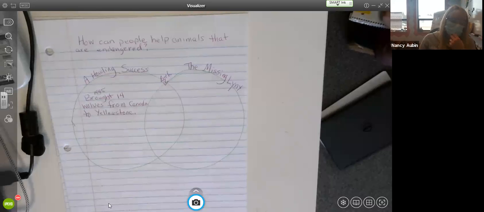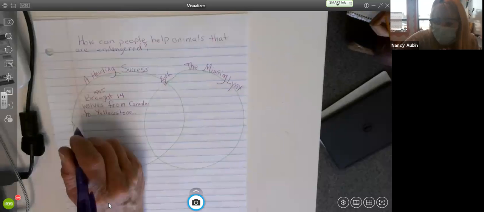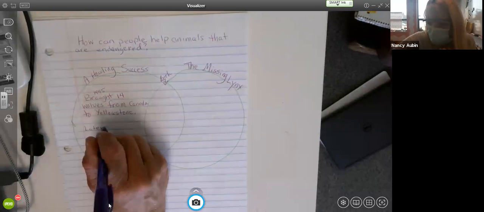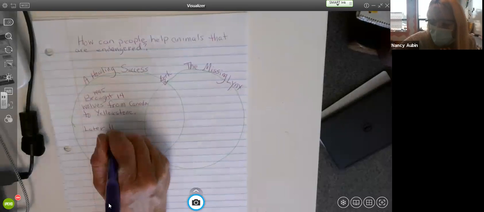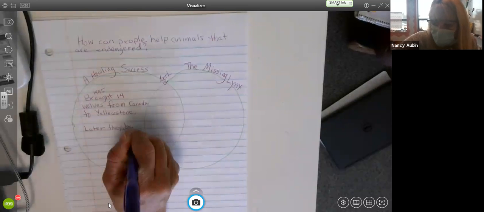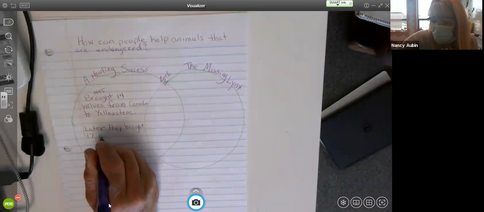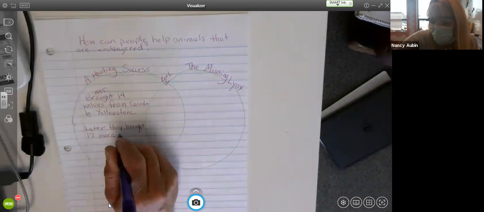Didn't they bring more? Do you remember how many? 17. Later, they brought 17 more wolves.